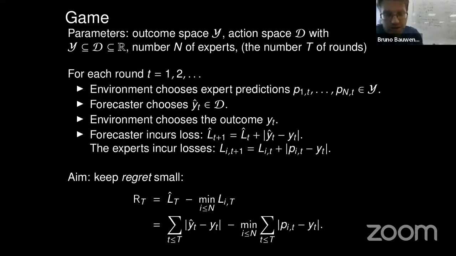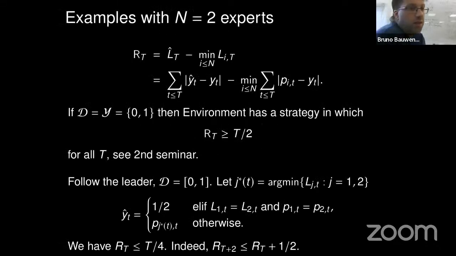The first observation: if our action space or decision space is equal to the labels, the binary set, then the environment, the one who controls the experts and the true labels, has a strategy to make us have large regret. The maximal regret we can have is the number of rounds T, if we lose one in each round.